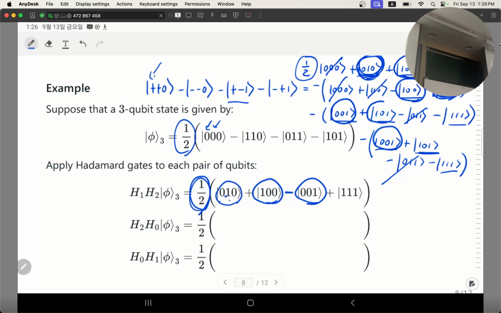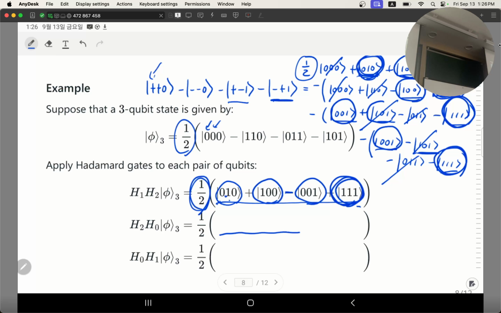How about this one? It comes from here. It has a minus, so this cancels out with the other. I have 111 and 111 here goes to here. Okay, so I have 4 states basically. After canceling out all the states, I have 4 states remaining here.